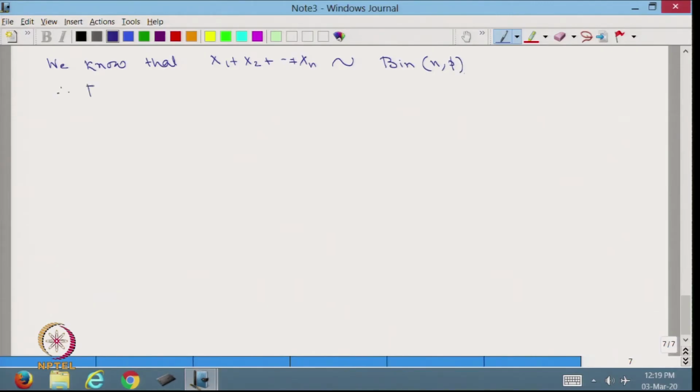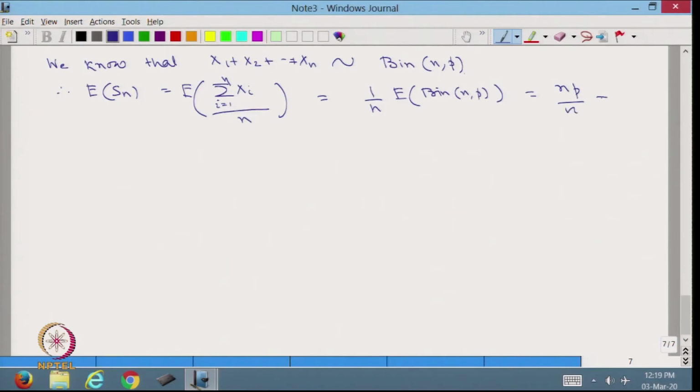Therefore, expected value of S n is equal to 1 by n times expected value of sigma x i, i equal to 1 to n, which is 1 by n expected value of binomial n comma p, is equal to n p upon n, is equal to p.